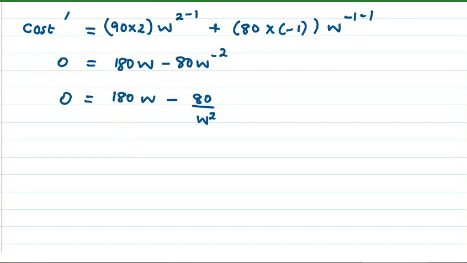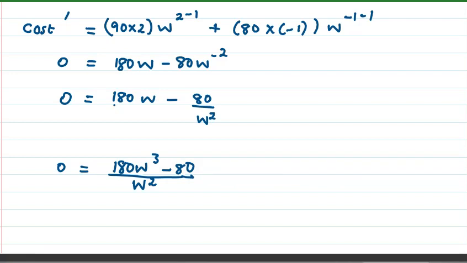So here you want to find the LCD. LCD is W squared. So you have 0 equal to, if you make the LCD W squared, or you can take this one to the other side, but making an LCD is fine also. So you have W squared as an LCD over. This one becomes 180 W cube, and W over W gives you 1, and 1 times minus 80 becomes minus 80.